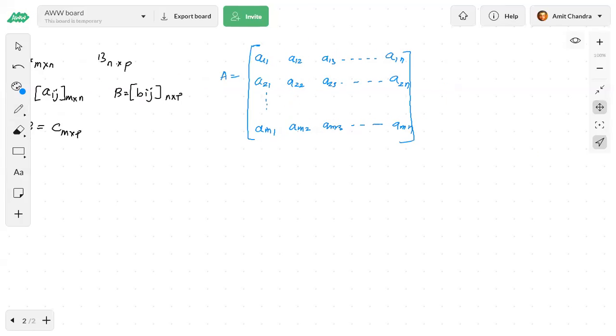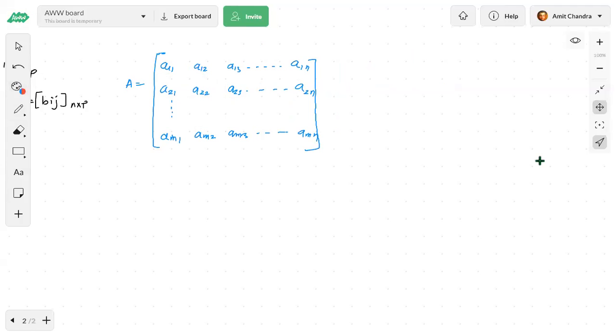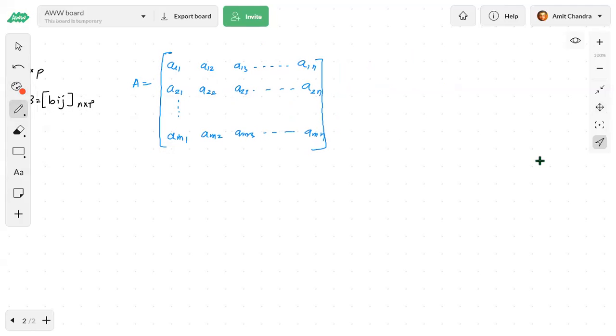Fine. I will write matrix B also. Matrix B will have N rows. So I will write B11, B21, B31 till BN1, then B12, B22, B32, and so on.